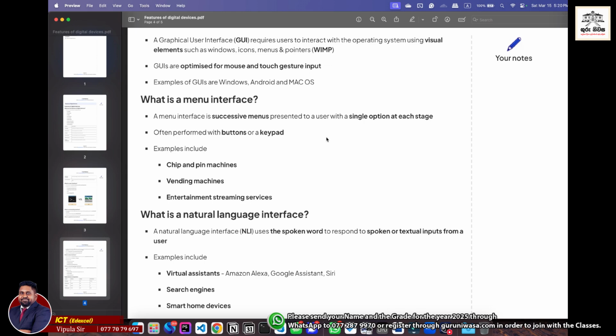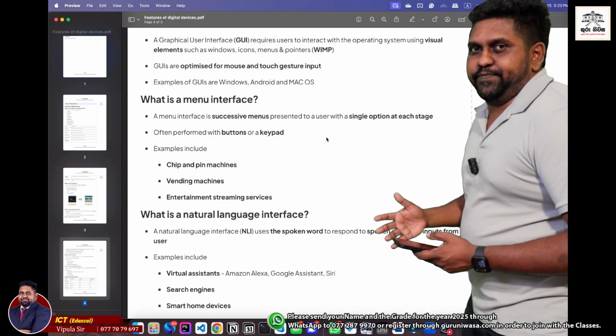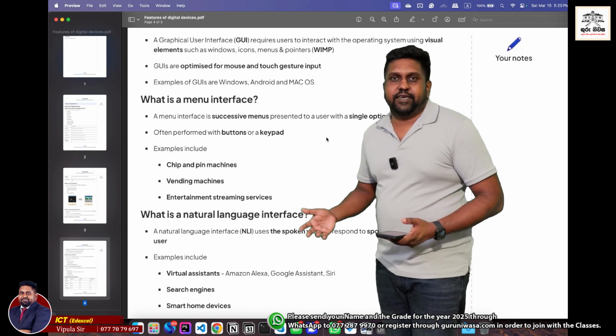A menu interface is a successive menu presented to a user with a single option at each stage. This is often controlled by buttons or a keypad, which is there to perform a specific activity. Now, with menu interfaces, you can't get multiple things done.